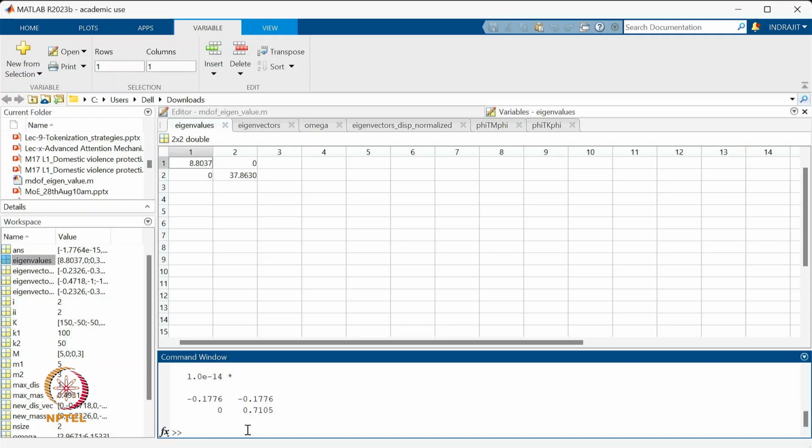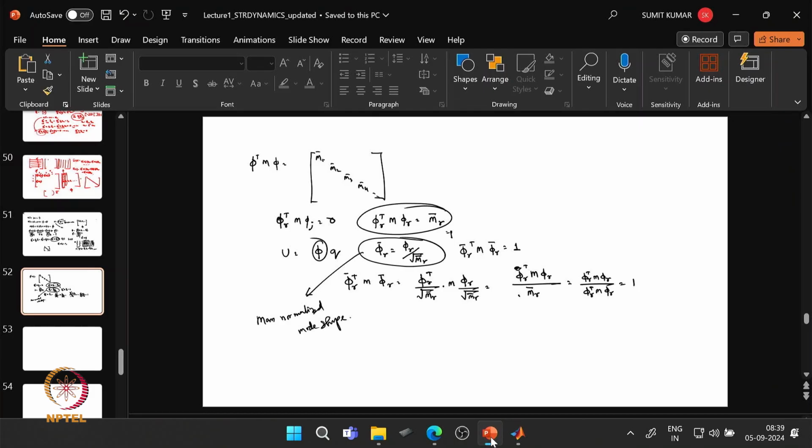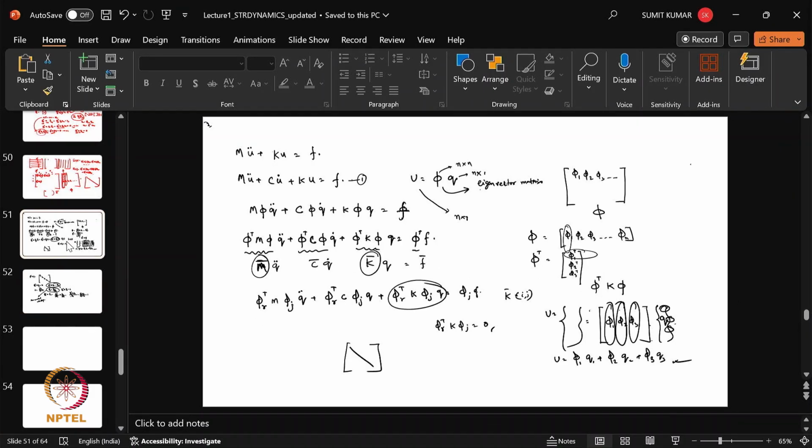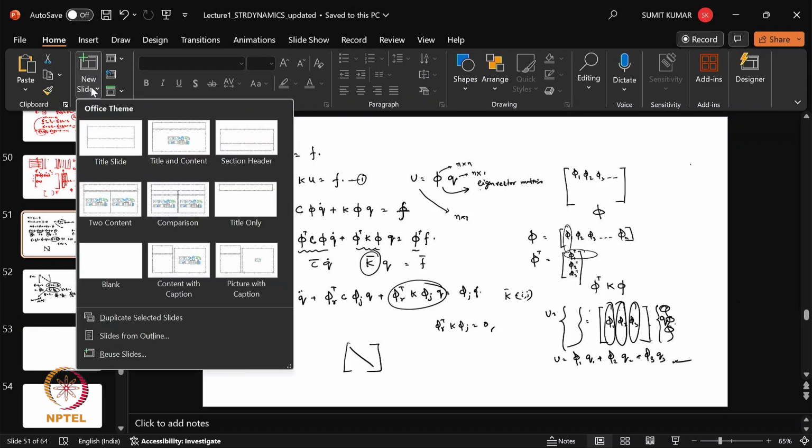So we can see that once we make the mass normalized eigenvectors, and use mass normalized eigenvector times K matrix times the eigenvector again, it will give me back the eigenvalues. So if I just go back to my calculation, or maybe I'll just do it first.